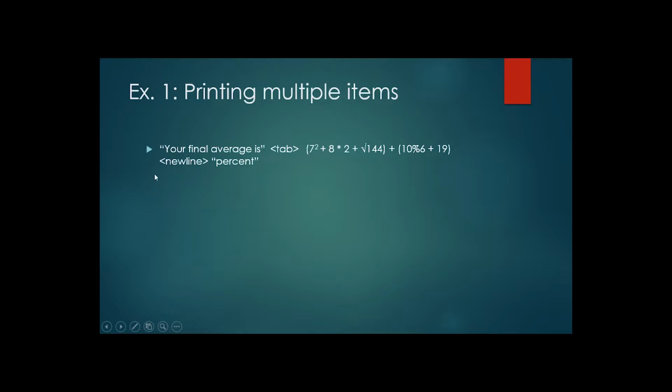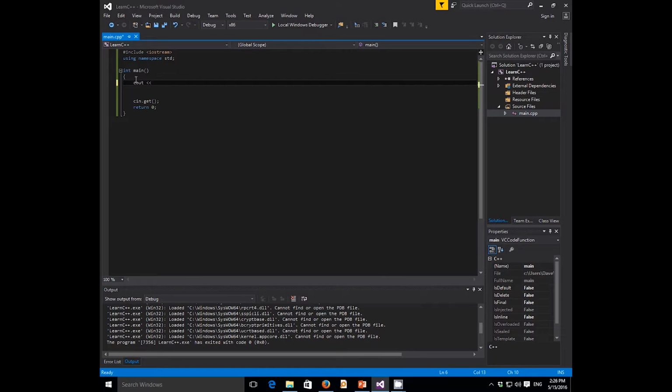And then we want to insert a new line and print out percent with our cout and our insertion operator, and we want to start out with the string your final average is. So your final average is, just a string, and then we want to insert a tab.